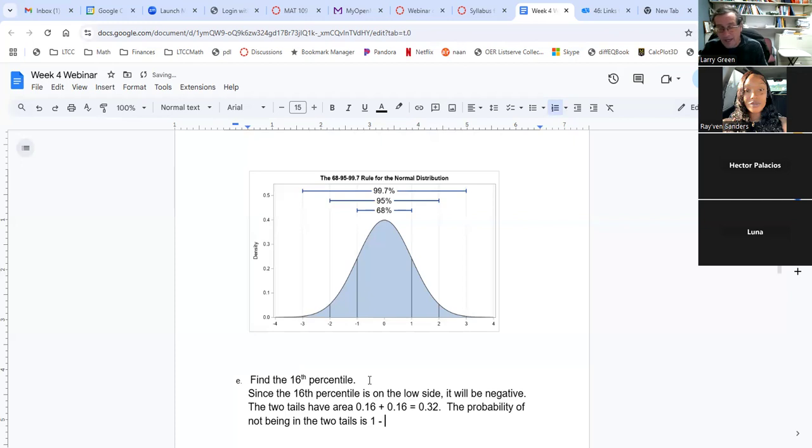It's going to be 1 minus 0.32, which is 0.68, which is very good because we have the 68%. And we already said that we're on the low side, so it'll be negative. So we're over here, and that's -1.